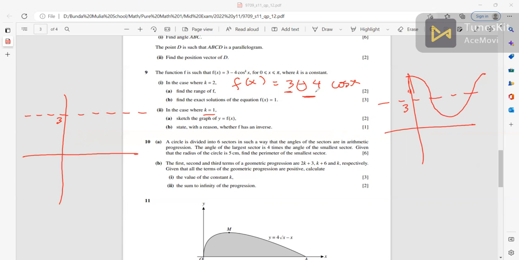The amplitude value is 4, so it goes down to minus 1, and the upside will be until 7, the maximum. This is 4, this is 4. So we start from the bottom here, and then we drag it till here, like this.